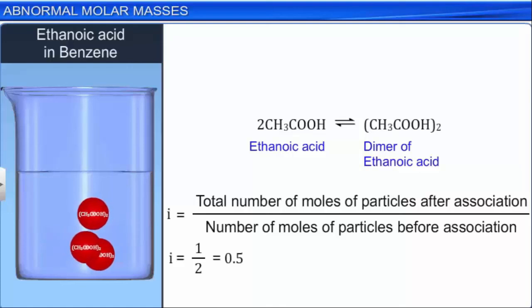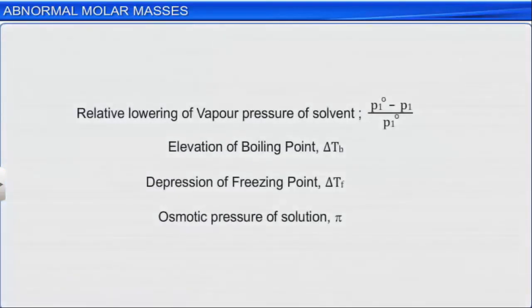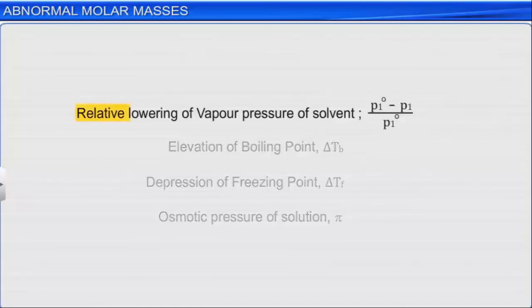The modified equations for colligative properties using the van 't Hoff's factor can therefore be written as: relative lowering of the vapor pressure of solvent, (P1 naught minus P1) divided by P1 naught, is equal to i multiplied by n2 divided by n1.